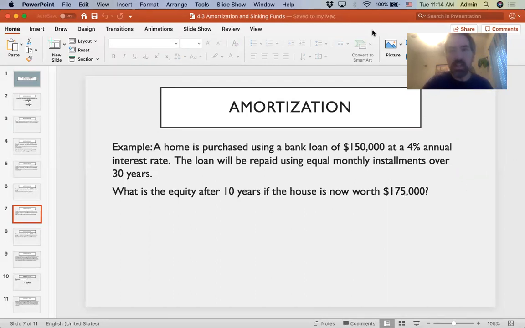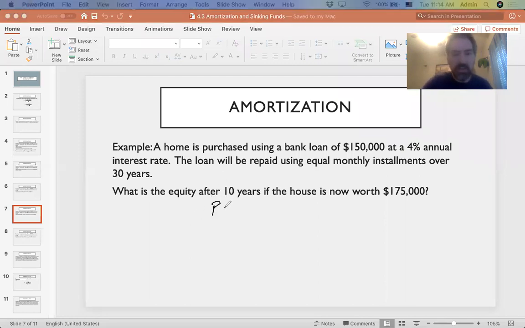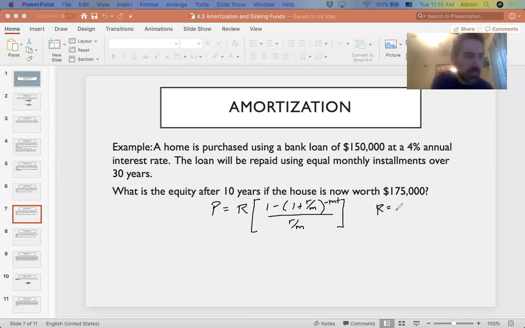To calculate how much we've paid off on that loan, we're going to use the present value annuity formula that we saw in the previous video. We know the capital R, that's the monthly payment.